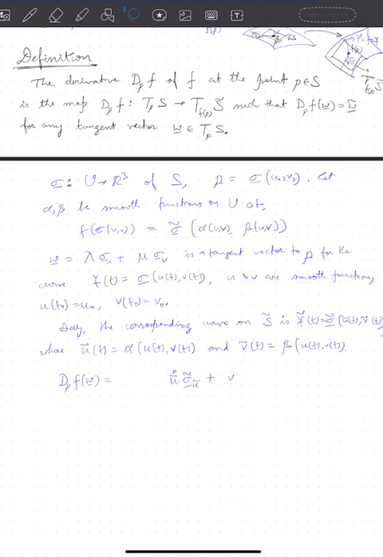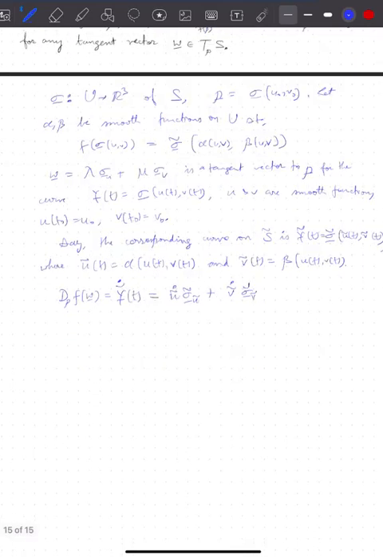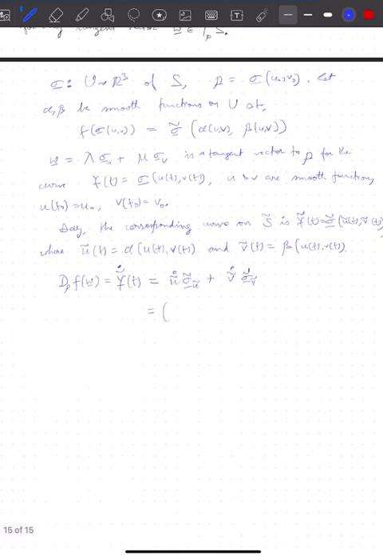This is nothing but the derivative of gamma tilde of t, plus v tilde dot sigma tilde v. And in this case, u tilde dot can also be expressed by chain rule as alpha_u u dot plus alpha_v v dot.